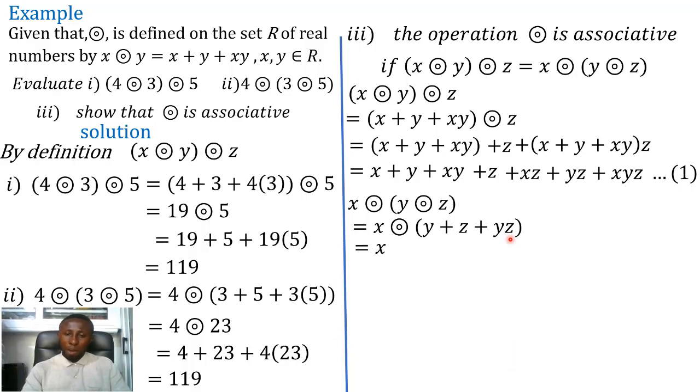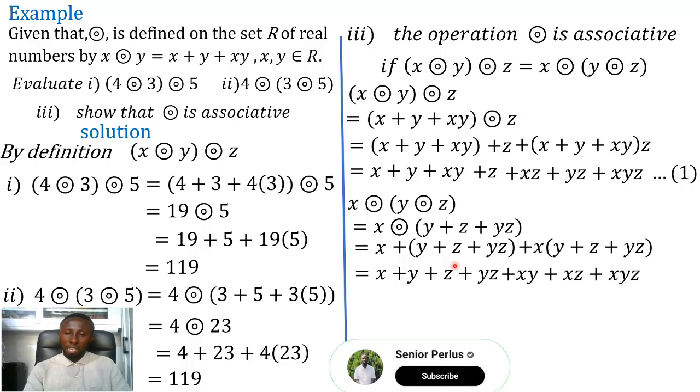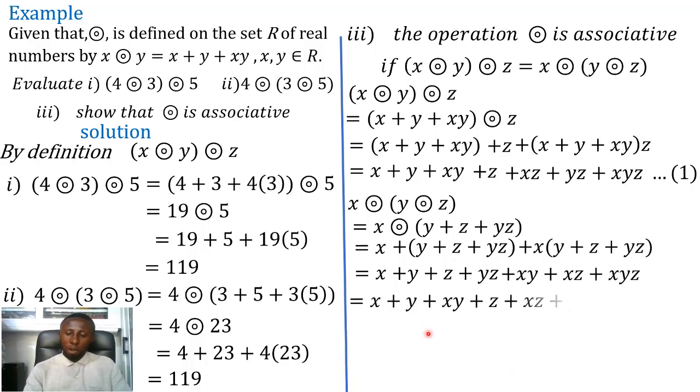Good. Plus our Y, the whole of this, from our definition. Then plus SY. So it means that S times the whole of this. This is what we are saying. So we can simplify further. Our S maintains, then multiply by our what? S. Good.